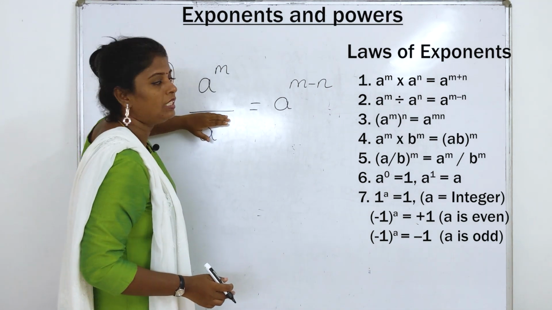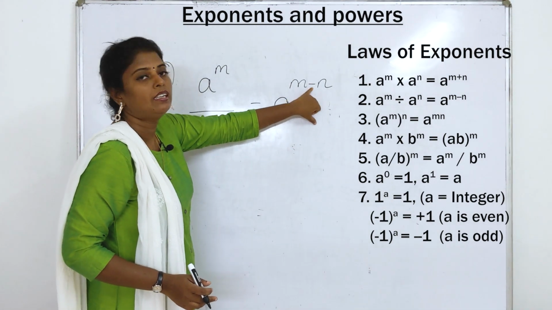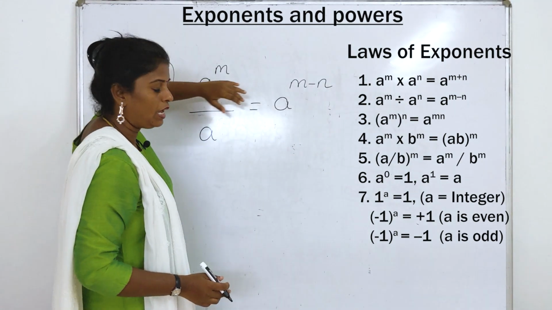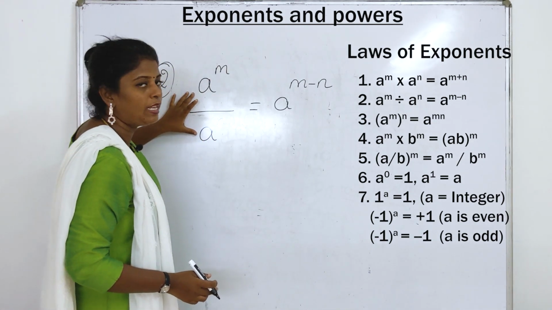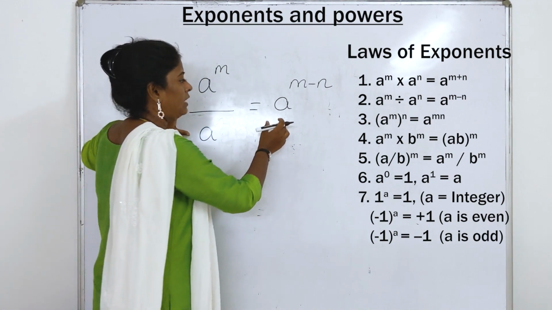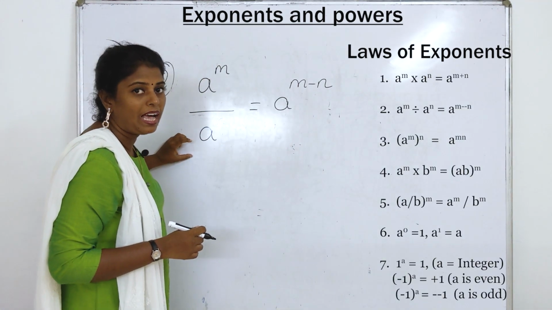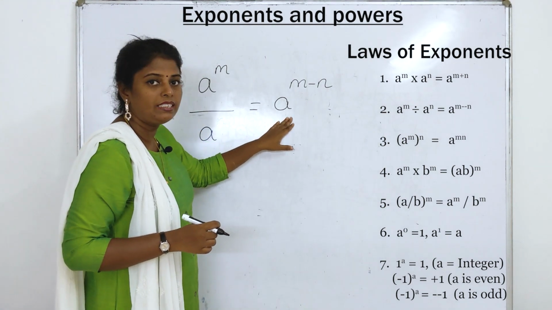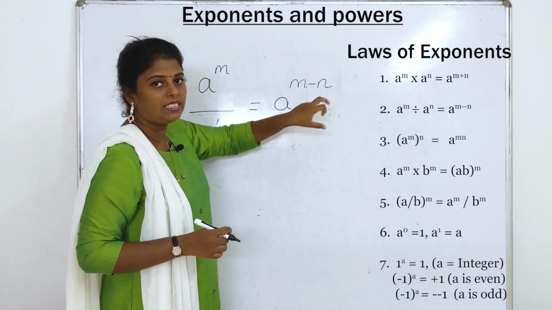For division, you have to write the negative sign in between. That is, if a power m is divided by a power n, we have the same base here, so just write the base, and since in between we have the divide sign, we write the power as m minus n.